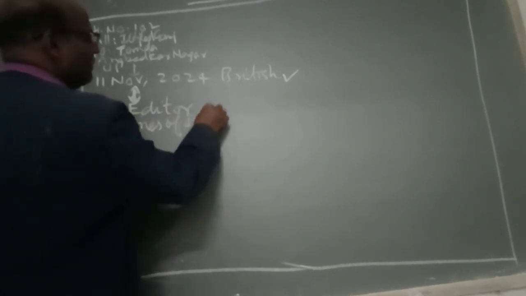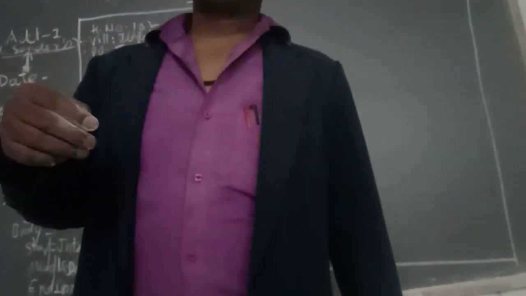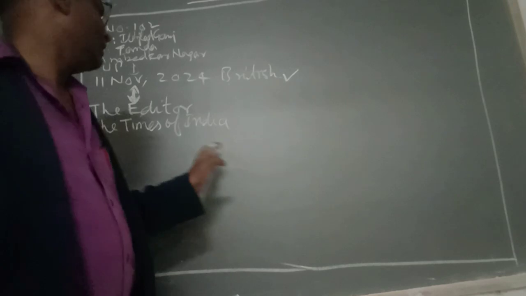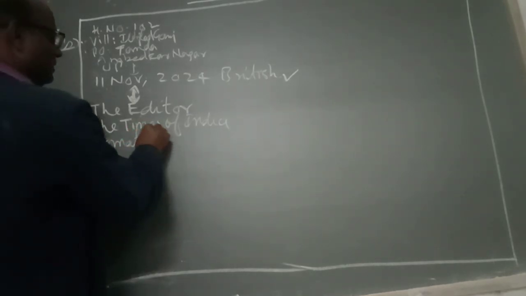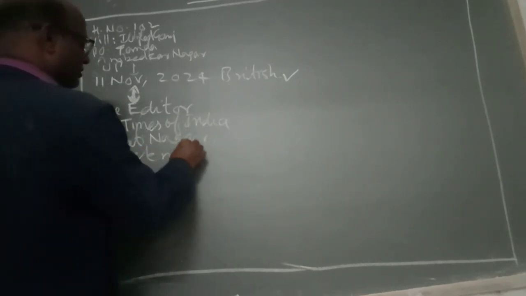Any newspaper, the Times of India, maybe another paper like the Hindustan, the Hindu, the Indian Express, any other paper can be, the Dainik Jagran can be. So here you write the Times of India, and then we have the address Gomti Nagar, Lucknow. If you know the pin code, write the pin code, no problem. So the editor, the Times of India, Gomti Nagar, Lucknow.